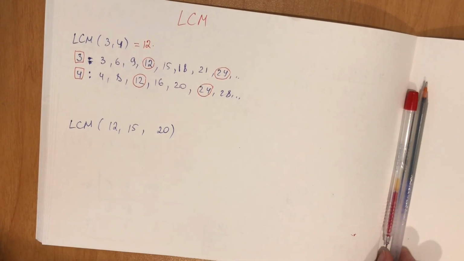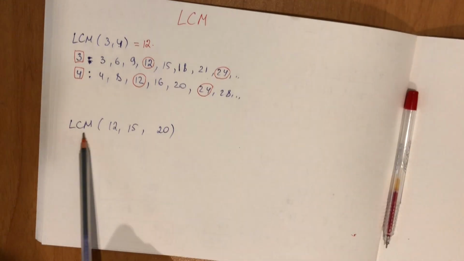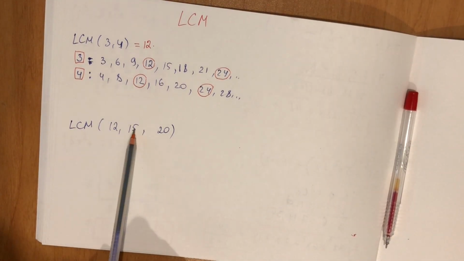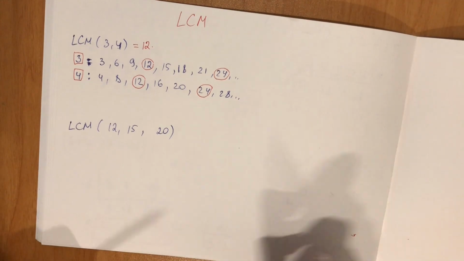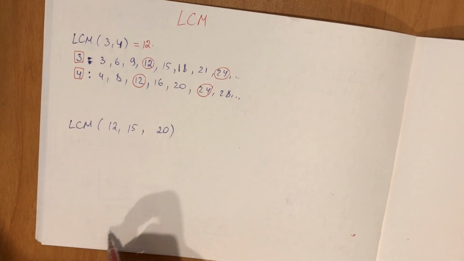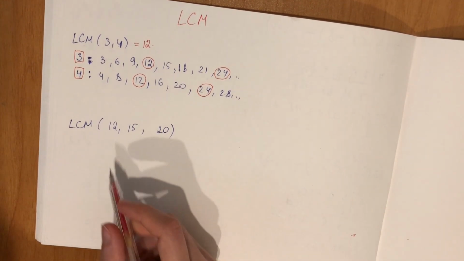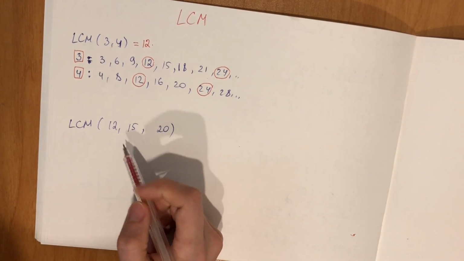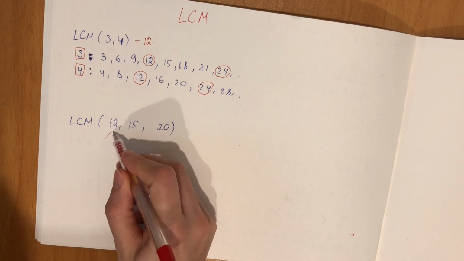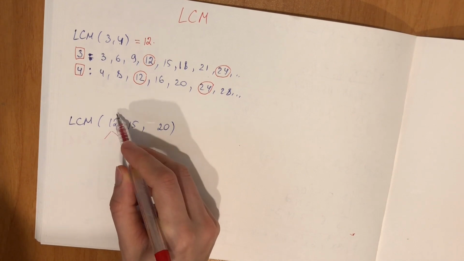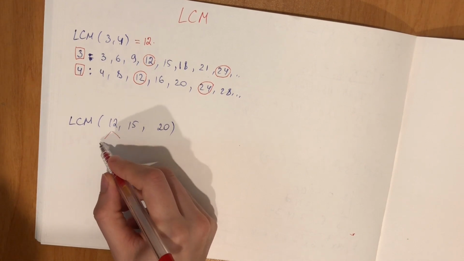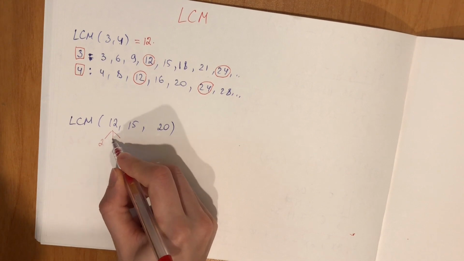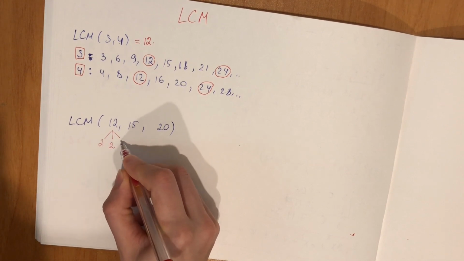And here is the final example: the least common multiple of 12, 15 and 20. In order to find it, we first should prime factorize these three numbers. The prime factorization of 12 is 2, 2 and 3.